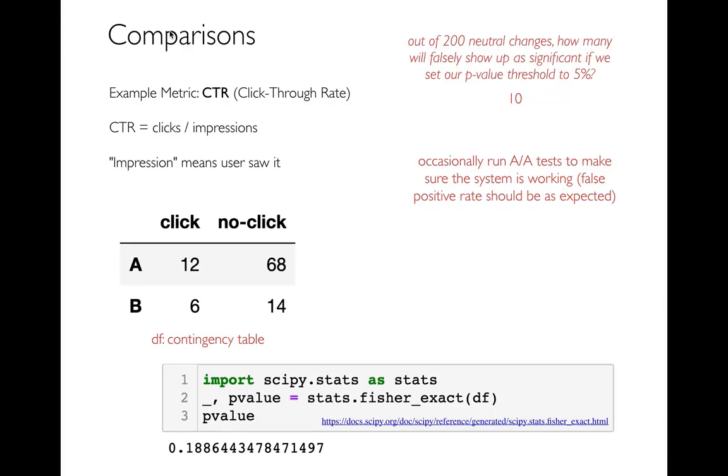And what you should make sure is that only 5% of these AA tests show up as significant, if we set our p-value threshold to 5%. If we were getting a lot more or a lot less than that, we know we did something really wrong in our framework. Maybe we aren't really dividing traffic fairly, or maybe the experiments are interfering with each other.